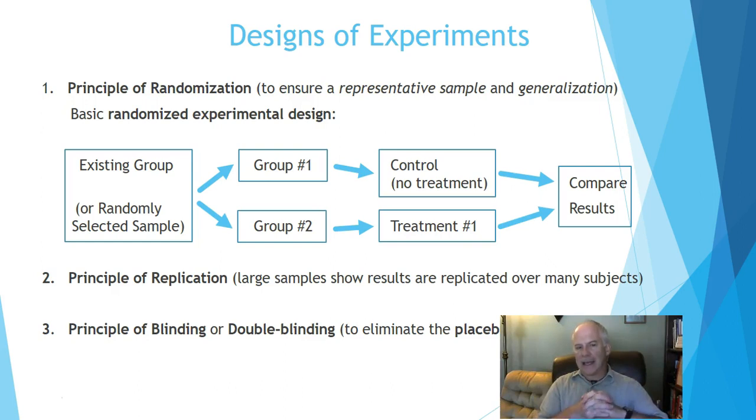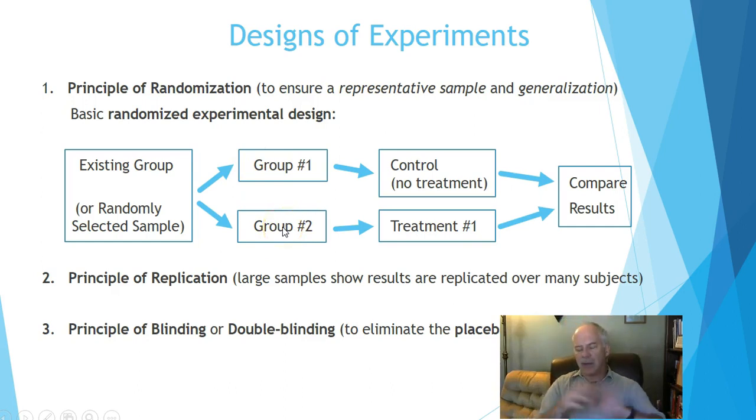So a basic randomized experimental design would look like this. In point number 1 here, you take an existing group, or it could be a randomly selected sample from your population that represents kind of a new group, and then you randomly split them up into group 1 and group 2.